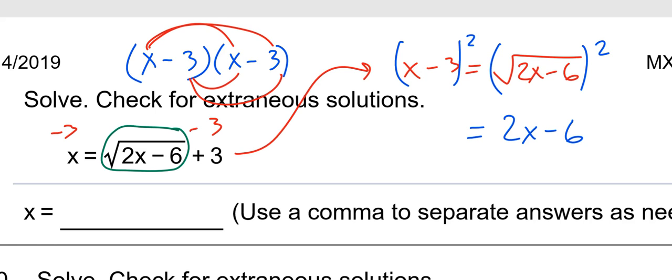There is an x squared involved, that's true. If you don't know what to do after this step, at least get me the x minus 3 times x minus 3 on the left side and then stop.